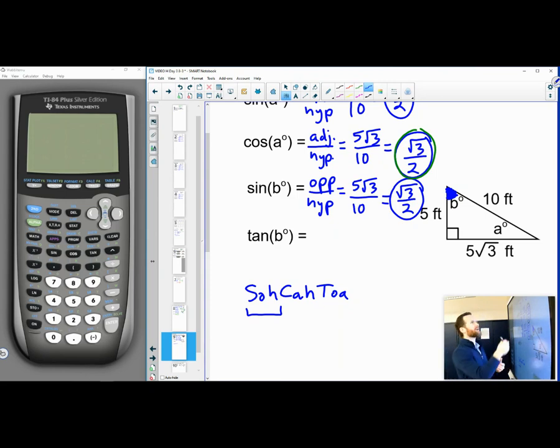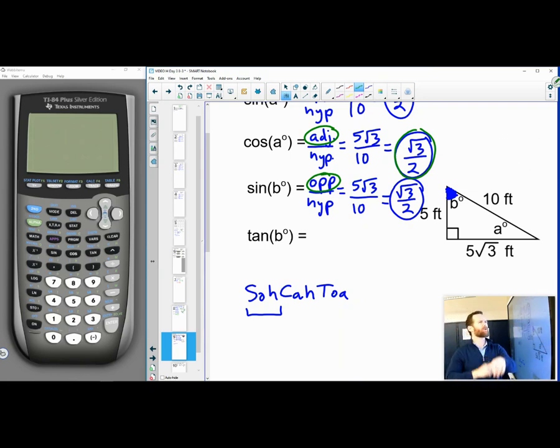And the only difference between cosine and sine is one has the adjacent in the numerator and the other has opposite in the numerator. So if opposite and adjacent switch places, we're going to end up with the same number, which we did. We got the 5 square root 3 in both places there. It's adjacent to one angle, but opposite to the other.